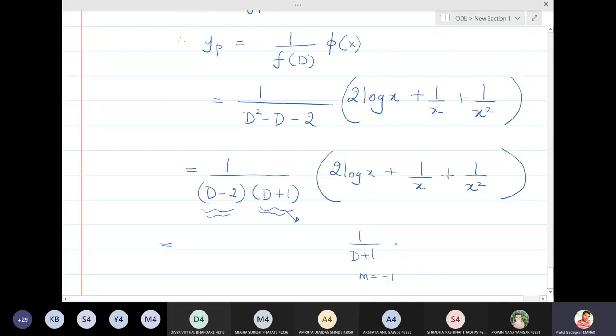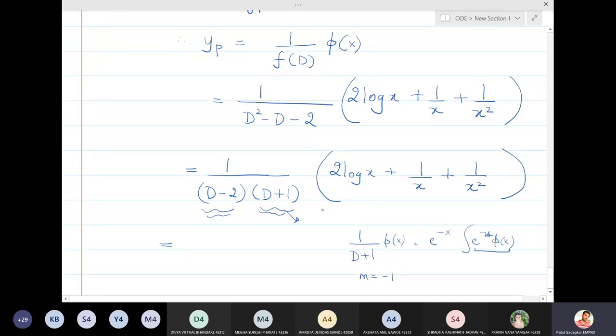So if I'm having m equal to minus 1, the formula says that it is e raised to mx into integration e raised to minus mx into something phi of x. So if I put m equal to minus 1 here, this will be e raised to minus x into e raised to x. So it will give me e raised to x inside the integration, which will be helpful for me to solve.